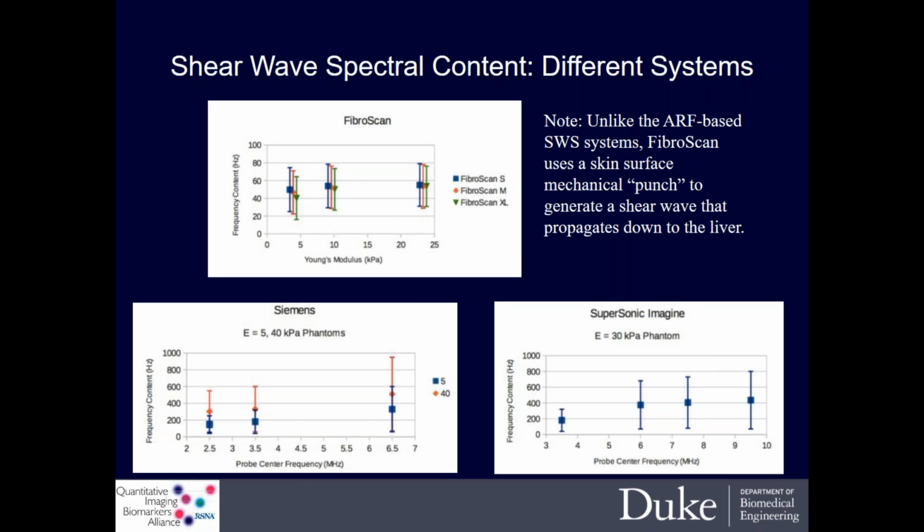So FibroScan, which again is not a radiation force-based system but uses a mechanical punch at the skin surface to generate shear waves, tends to be an extremely narrow band system at a relatively low frequency, ranging from 40 to 60 hertz, whereas the radiation force systems, with the two representative ones here, range sometimes between 200 to 300 hertz, going all the way down to almost 60 hertz on their lower end. So we know we have a range of frequencies being represented by these systems.